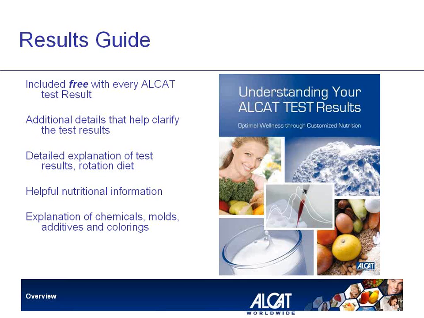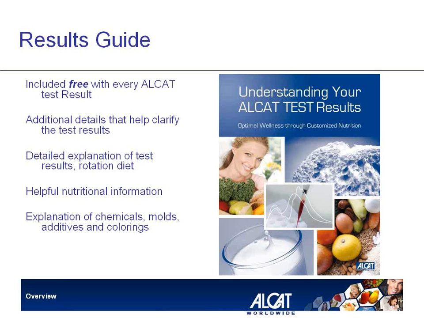One of the benefits of testing with the lab is that you get a nice, robust results package that we send out to the patients. We send it actually to the doctors to give to the patients, and it includes a 35-page booklet that comes free with every test result. And that booklet goes into detail. It explains the test results, explains to the patients all the components of gluten, casein, whey, all the different components of that.